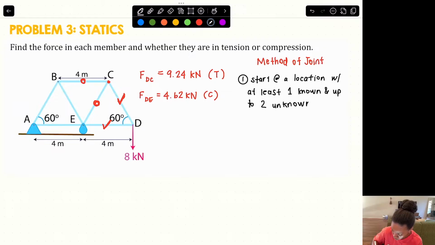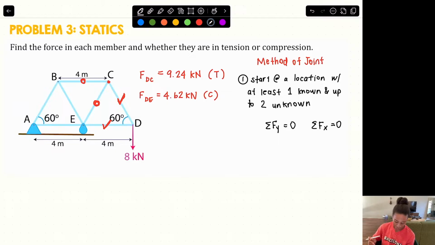And it's up to 2 unknowns because we only really have 2 equations of equilibrium that we're using during the method of joints, and those are the sum of forces in the y direction is equal to 0, and the sum of forces in the x direction is equal to 0.